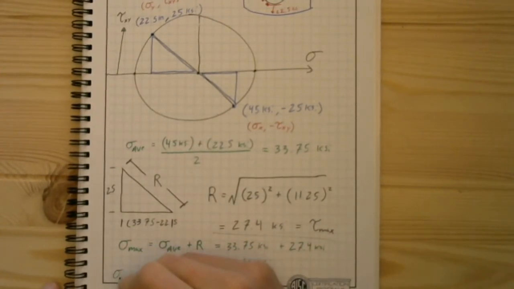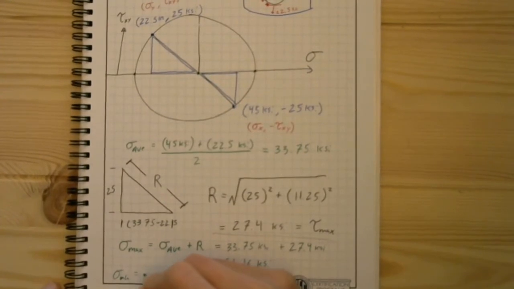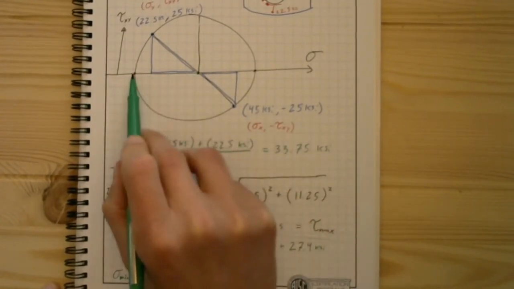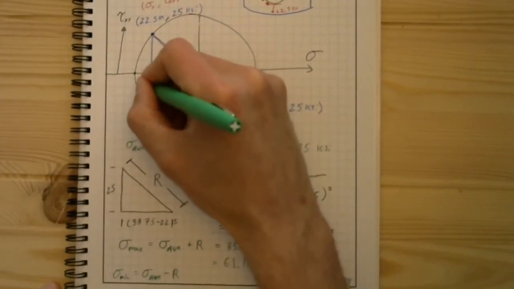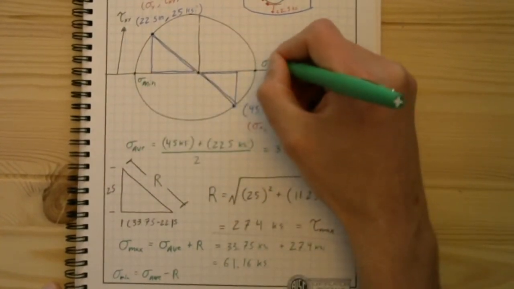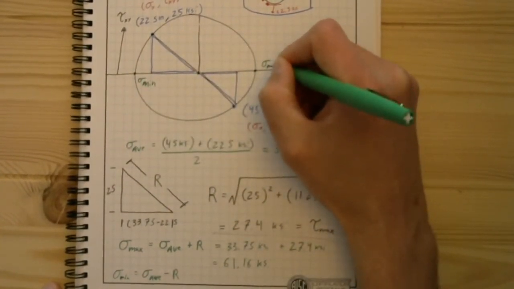And the minimum is equal to the average minus the radius, just back that way. That's the minimum, that's the max.